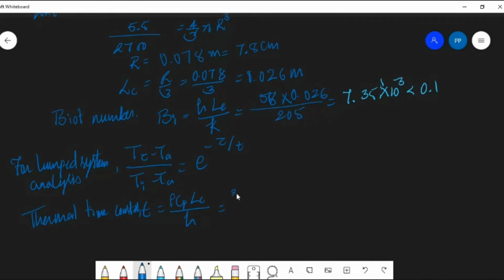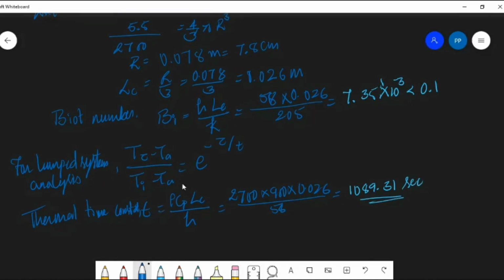Rho is 2700 into Cp is 900 into Lc is 0.026 divided by h is 58. That is 1089.31 seconds. This is the thermal time constant.